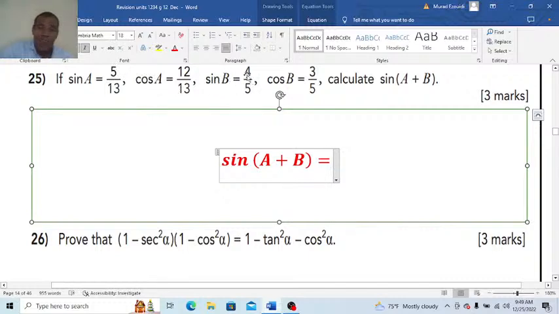If, for example, sine b is given and cosine b is not given, you write cosine b equals the root of 1 minus sine b squared, which is 1 minus 4 squared over 5 squared, which is 9 over 25. Therefore, now the question is calculate the sine of a plus b.